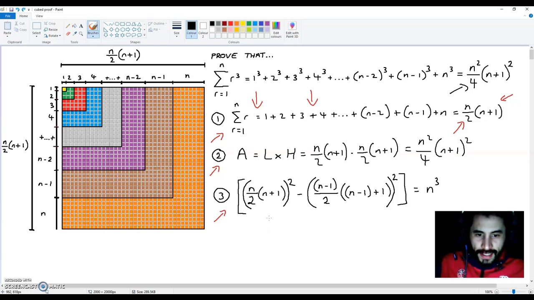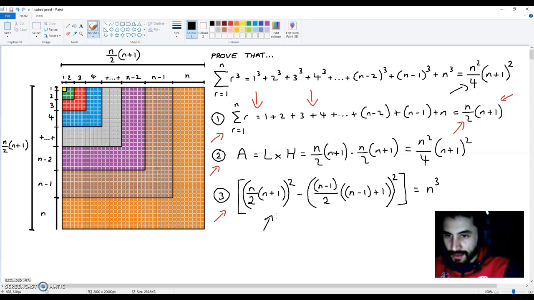Now, to understand this, let's turn our attention to the diagram once again, and let's find this area in orange. How are we going to go about doing this? Well, the secret is getting the area of the entire square, and then subtracting the brown square from it.